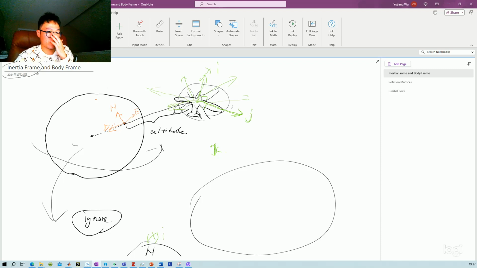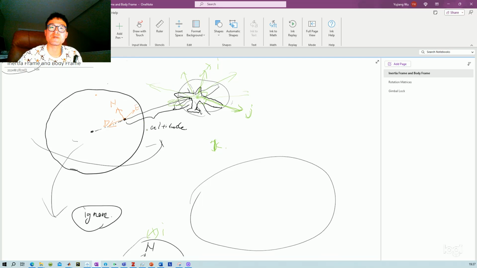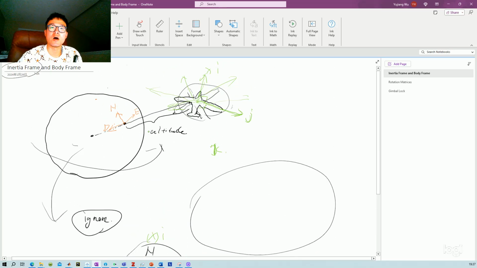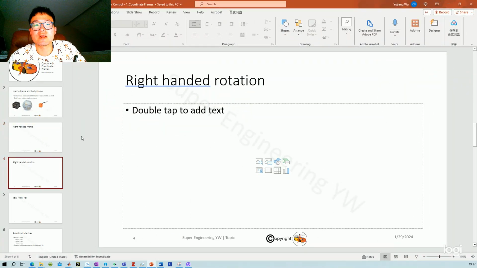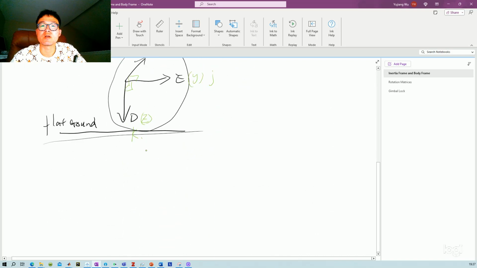You got the idea. Those are the two most important frames used in aircraft control. Before I leave, I also want to cover the right-handed rotation, which is related to the right-handed frame here.